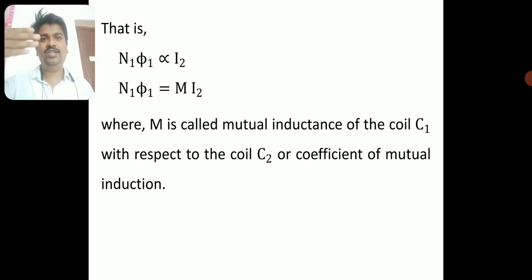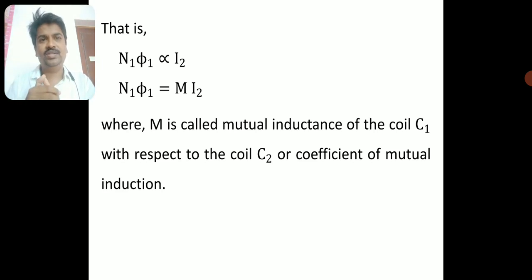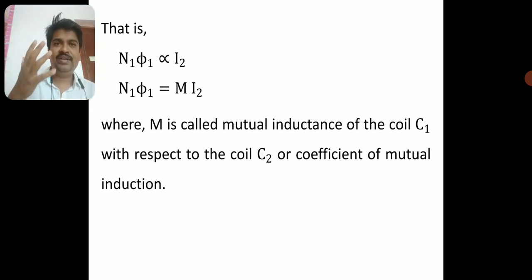So phi 1 is proportional to I2. It is not only the flux with a single turn; I need to consider the flux due to N1 number of turns. So I can take N1 phi 1 is proportional to I2. Now N1 phi 1 is equal to M I2.